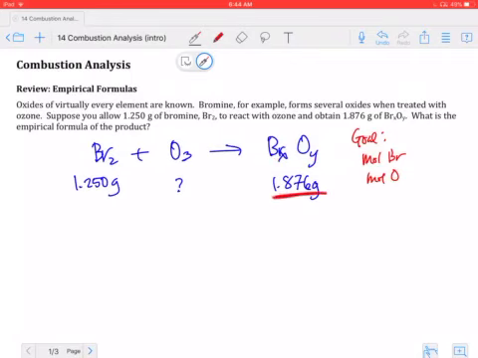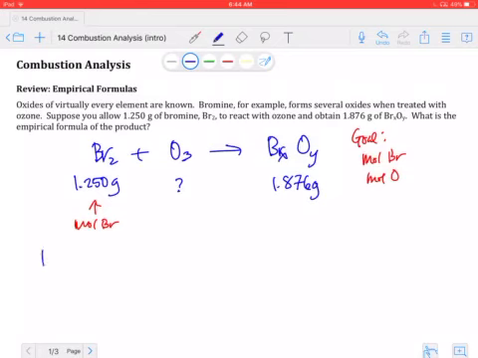If this is the mass of my bromine and my oxygen, and I know that this is going to be the mass of all the bromine in the compound, I can figure out my mass of oxygen just by subtracting these two numbers here. So my grams of bromine is this number here. So we're going to use this to find the moles of bromine, and then we're going to subtract these two.